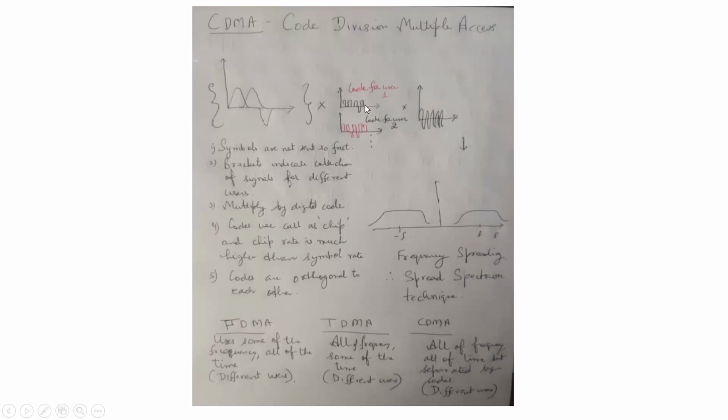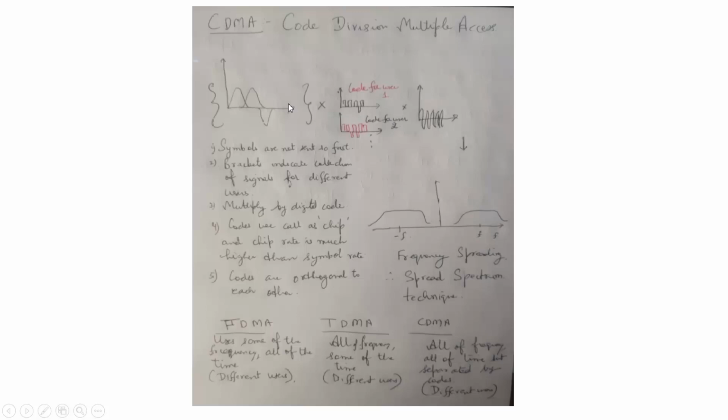These codes are different for different users: code for user 1, code for user 2, and so on, right? These are high rate codes, and we call these chips. So the chip rate is very high actually.